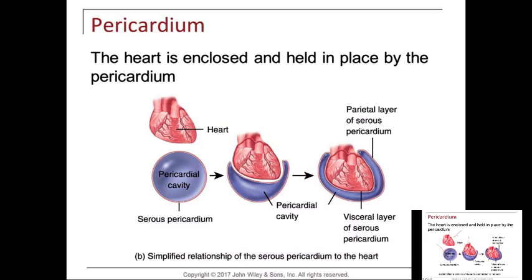The inside is still the pericardial cavity, so this here is still the pericardial cavity where there's fluid. But now, as that is placed inside, right, it pushes in, it makes this indentation, you're left with something that really appears to have two layers. There's this layer here, and then there's another layer here that's really close to the organ. So the organ is the viscera, right? So that's the visceral layer. The outer part is the parietal layer.